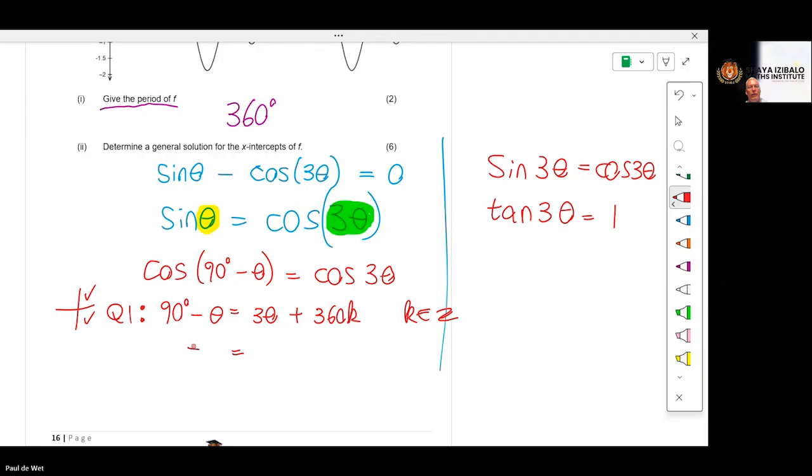I much prefer subtracting 3 theta from both sides than this word transposing that a lot of the teachers use in South Africa. Okay, and then? You subtract 90 from both sides. Then we subtract 90 from both sides. Carry on.